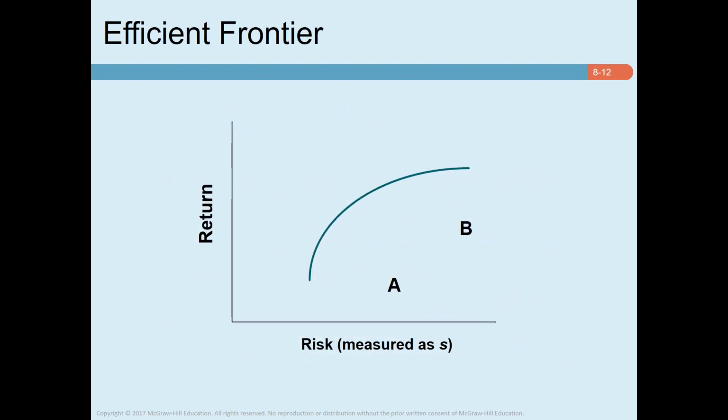Now, another concept we want to introduce here is the efficient frontier. We already know that each point of this efficient frontier indicates a different combination of the stocks in the portfolio, and which point we invest depends on our appetite towards risk. Now, it's not necessary that you have only one efficient frontier in your universe of investment.